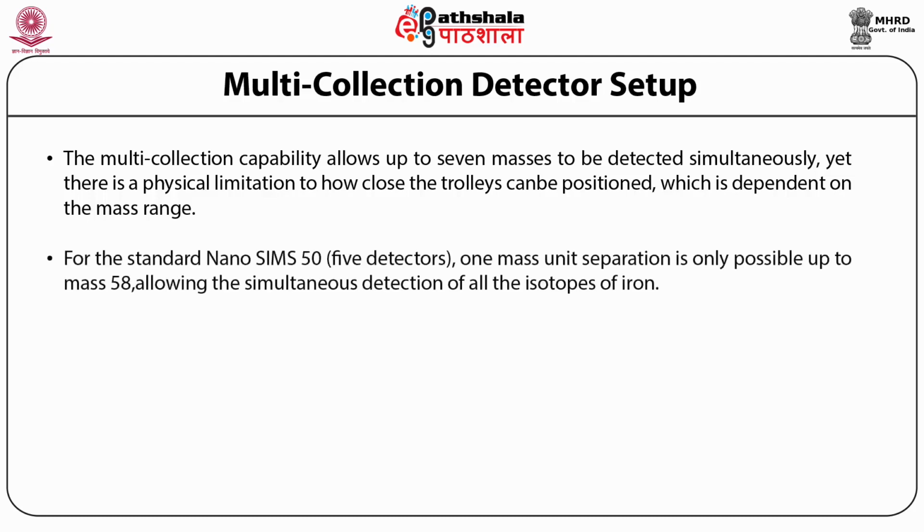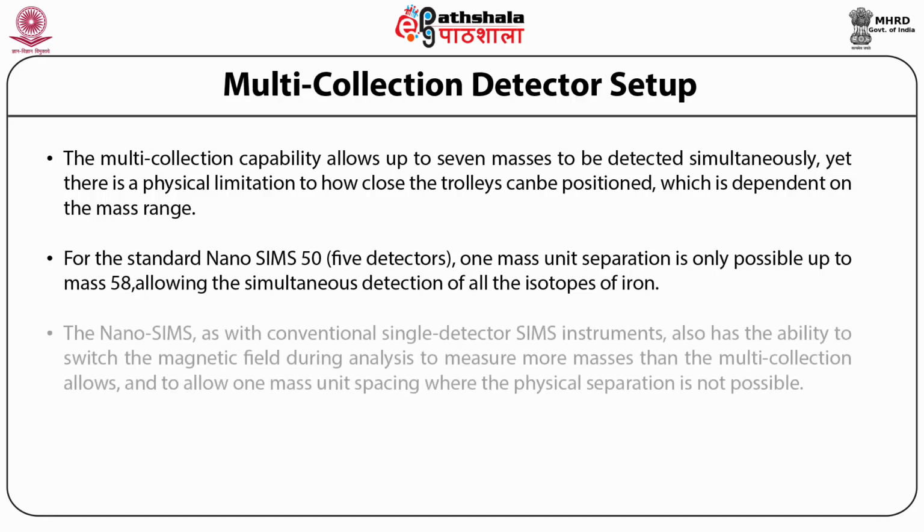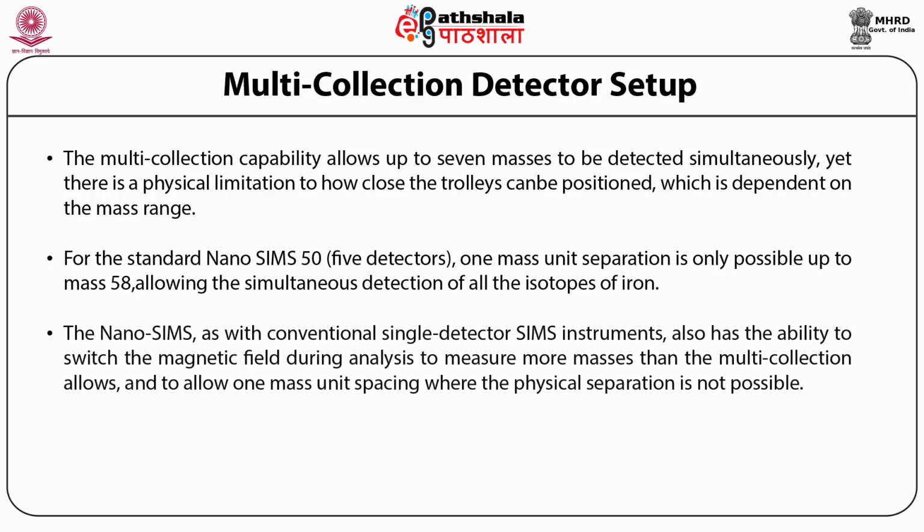The standard NanoSIMS 50 has 5 detectors. One mass unit separation is only possible up to mass 58, allowing the simultaneous detection of all the isotopes of iron. The NanoSIMS, as with a conventional single detector SIMS instrument, also has the ability to switch the magnetic field during analysis to measure more masses.